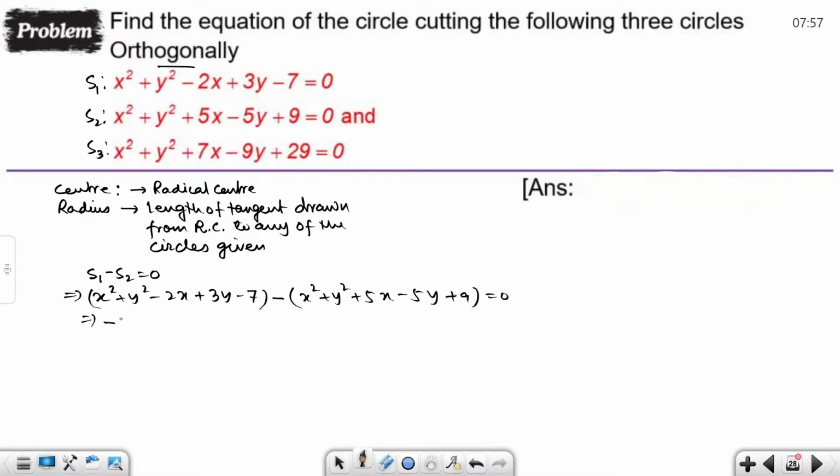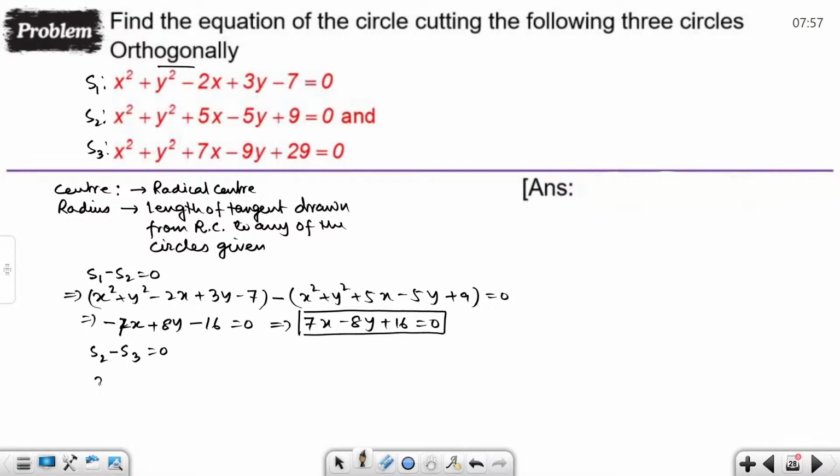So if I open the brackets, we are going to have minus 7x, then we are having plus 8y, and then we are having minus 16 equals to 0. So this is the equation of one radical axis, and the other radical axis can be obtained by using this formula S2 minus S3 equals to 0.